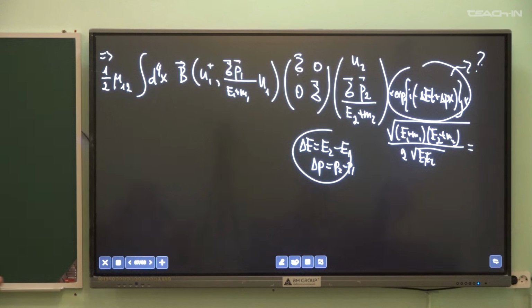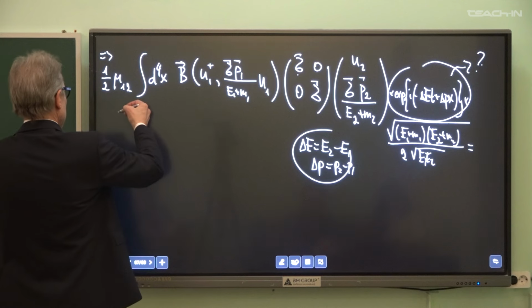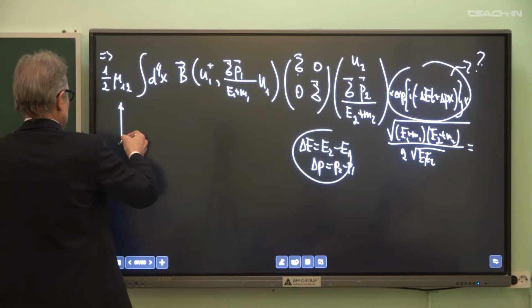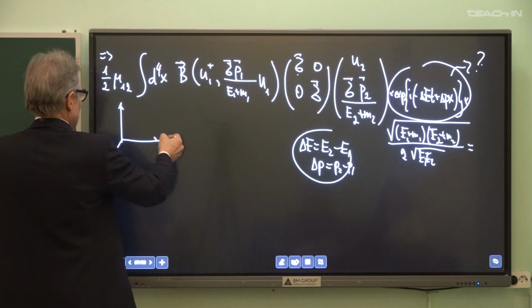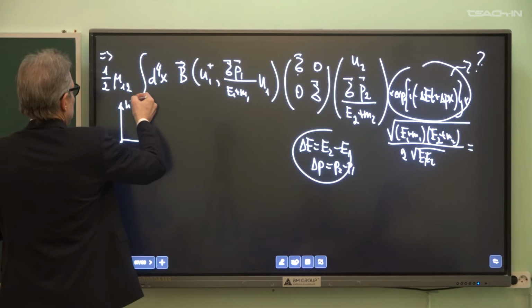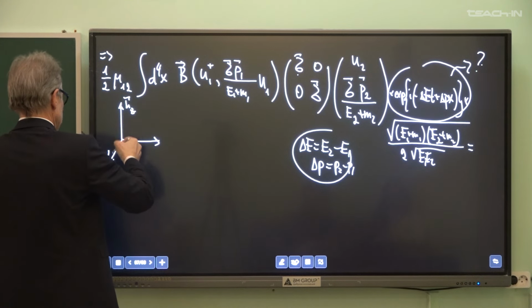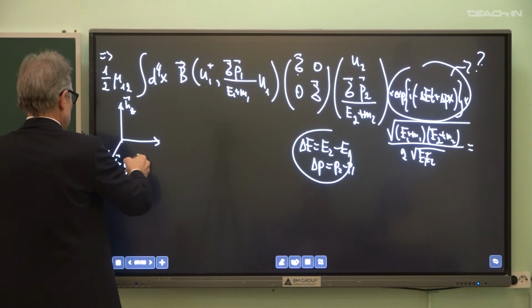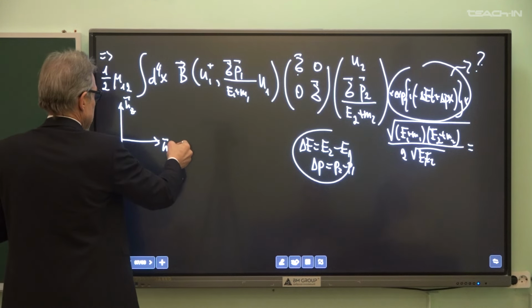So let's fix the reference frame in the following way. We fix 3 orthogonal axes, z, this unit vector, and y, and nx.